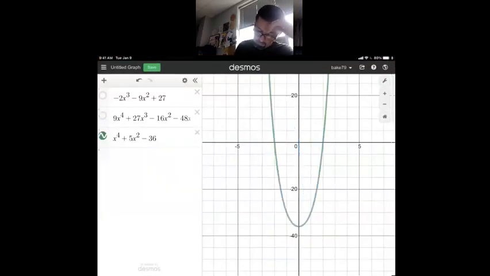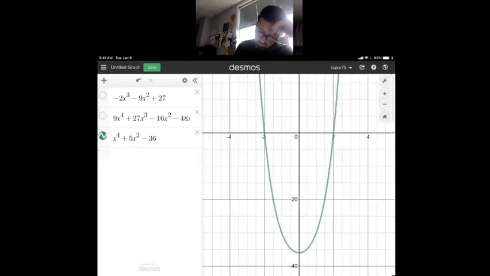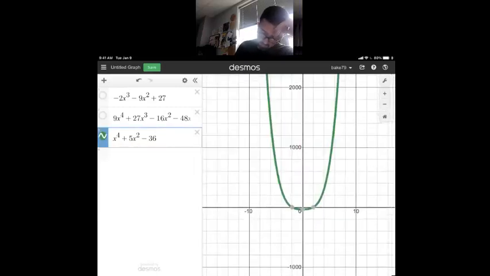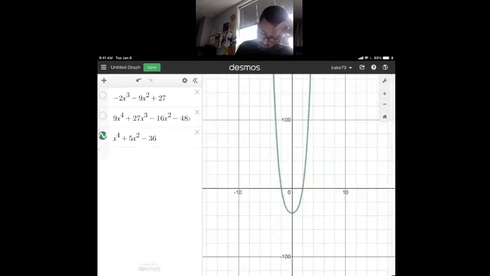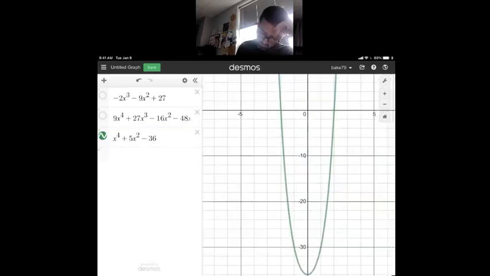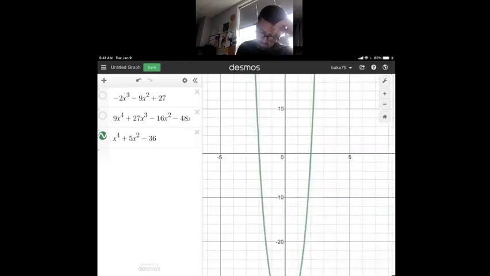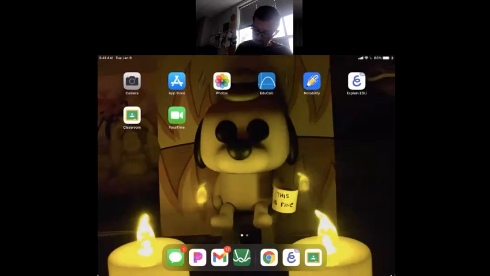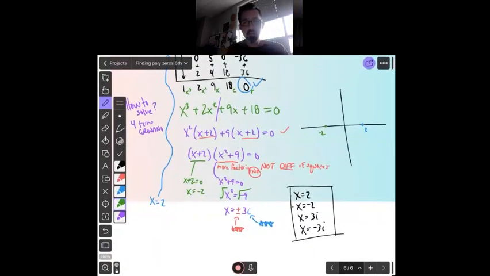Well, here's our graph. There's 2 and negative 2. You can kind of see the graph going way down there to negative 36, but whatever. It does not appear to be coming down anytime soon. So it does not appear to have any other x-intercepts, which really shouldn't be too surprising considering that 3i and negative 3i are imaginary numbers.